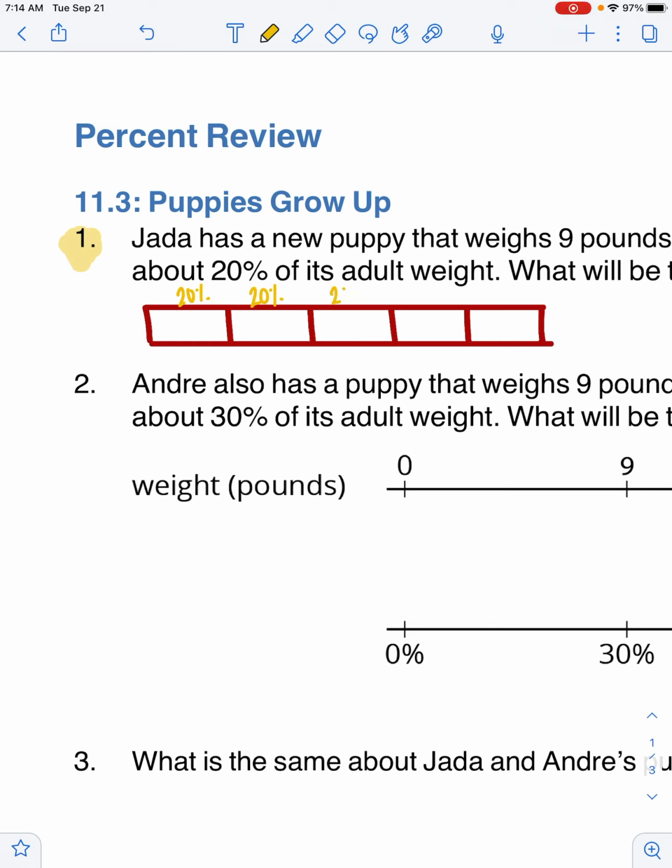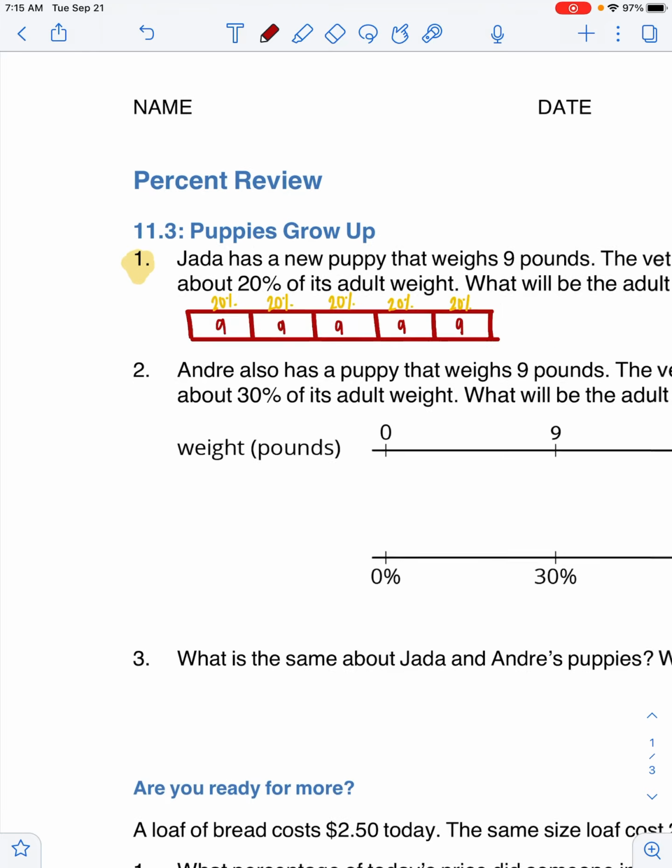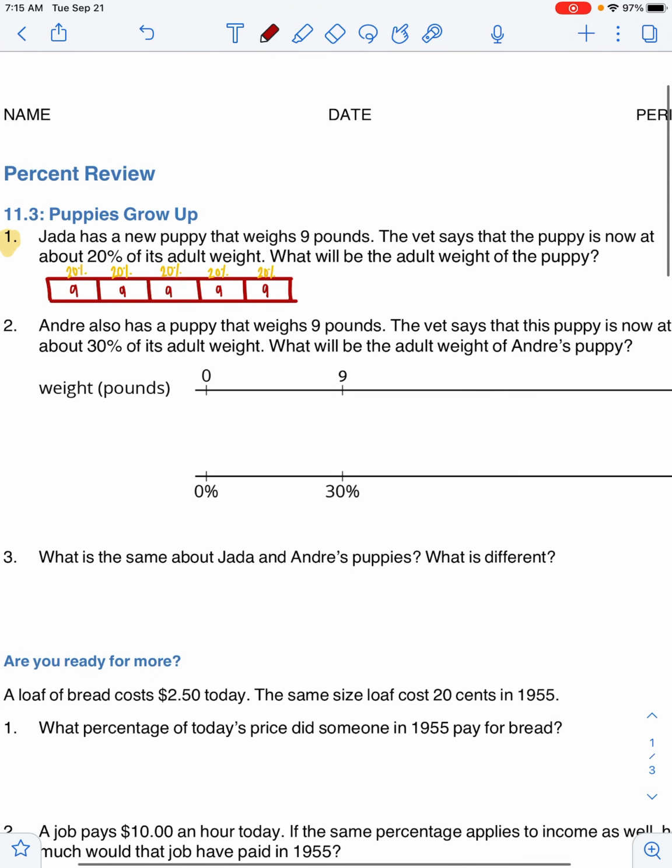One group of 20%, or just 20% of its adult weight, is equal to 9. That means that in total, the adult weight of the puppy is 5 groups of 9, or 5 times 9, which is 45 pounds.